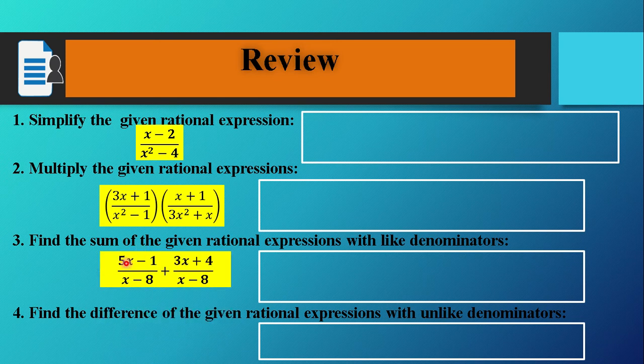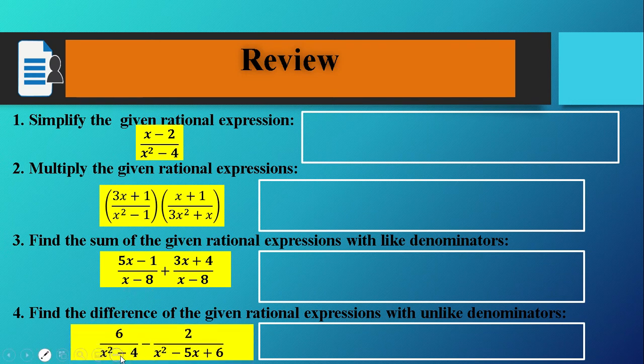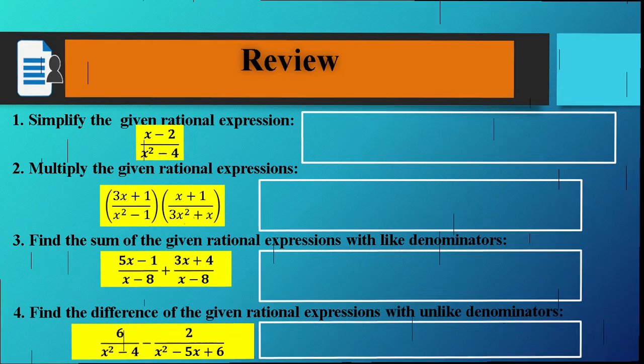The third one, 5x minus 1 divided by x minus 8 plus 3x plus 4 divided by x minus 8. And then for the last one, 6 divided by x squared minus 4 minus 2 divided by x squared minus 5x plus 6. So, i-review natin yan.